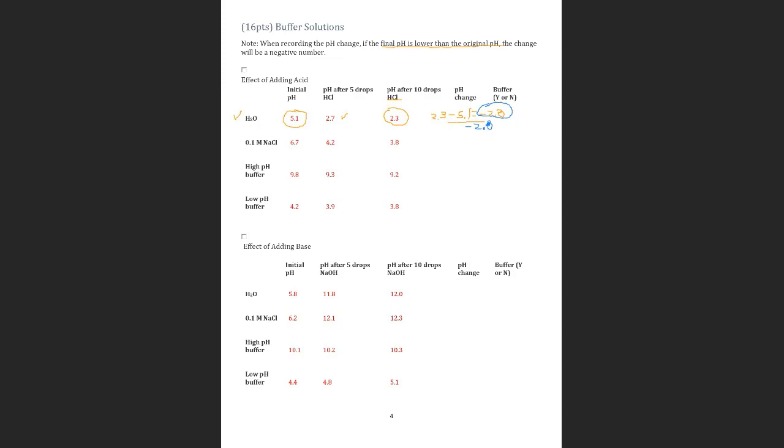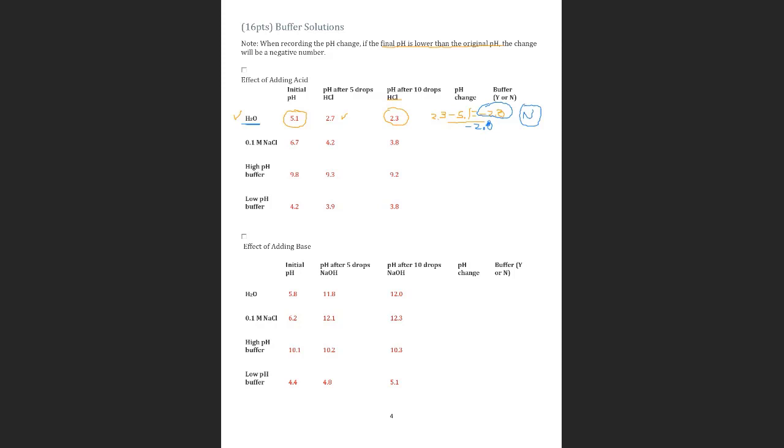So it's not a buffer. It's just water. Water is not a buffer. It didn't resist the pH change when I added acid. The pH became more acidic and it changed by minus 2.8 points. So we are not in the presence, in this case, of a buffer.